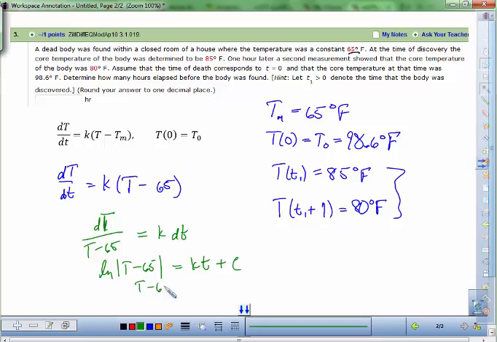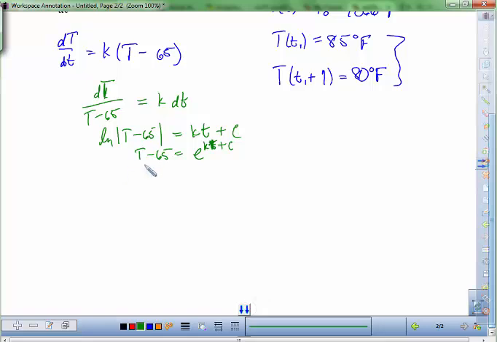So T minus 65 is equal to e to the kt plus c, and that's going to become the A constant. And then, so T is going to equal the e to the c will become A being multiplied there, e to the kt, and then add 65 to both sides, and then you get your value.